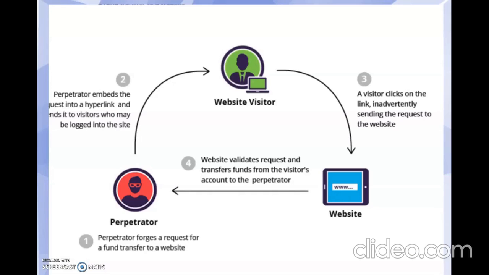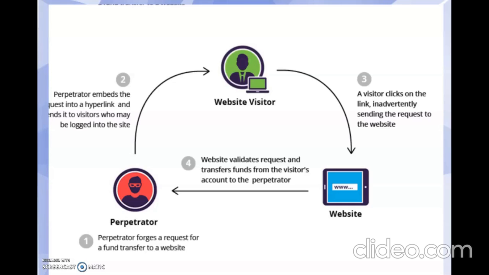The hacker forges a request for a fund transfer to the website. For this, the user has to log into the banking application or any application. CSRF is very common in e-commerce applications as well as banking applications. The attacker forges a request for a fund transfer to a website.